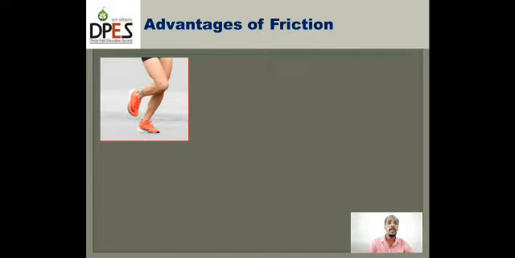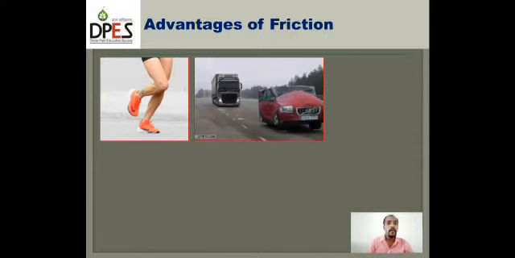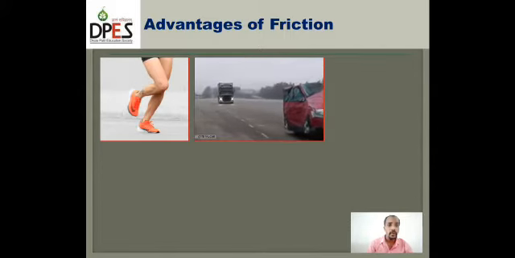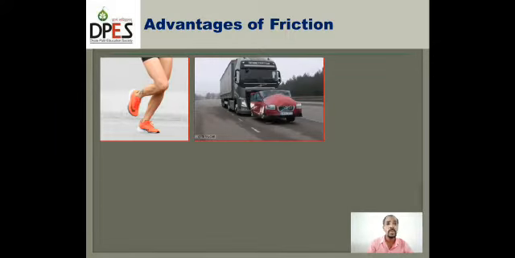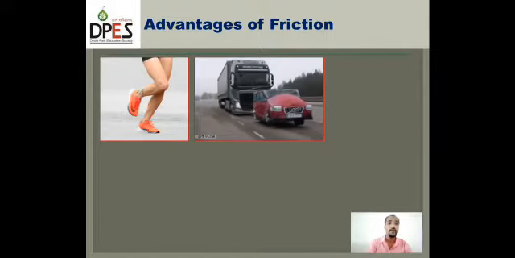Remember one thing, we are able to walk on the surface of the road because of friction between foot and road surface. Again, the brakes of a vehicle work due to friction. If we apply the brakes to a vehicle, its speed will get reduced.